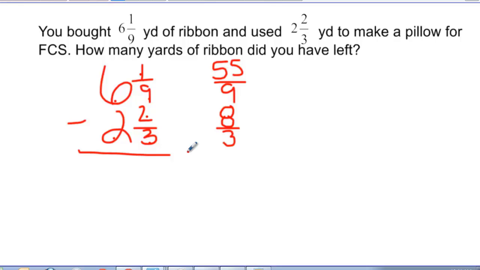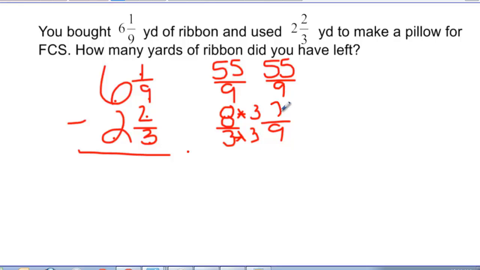And again, I have a nice situation where one of my denominators will work as a common denominator. 3 divides evenly into 9, so I can leave 55 ninths as ninths, and then I am going to change 8 thirds so that it has a 9 in the denominator. So I'm going to multiply 3 times 3 to get 9, which means I also need to multiply 8 times 3.